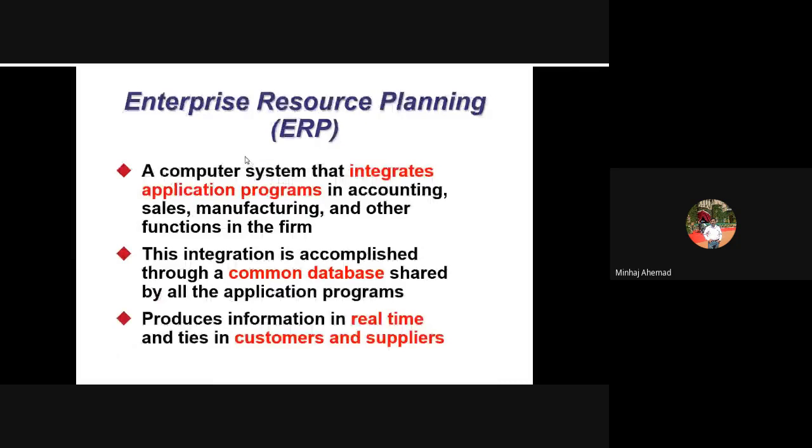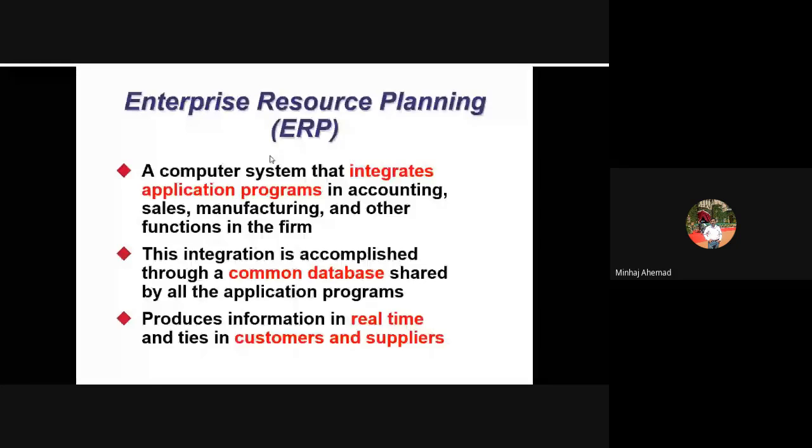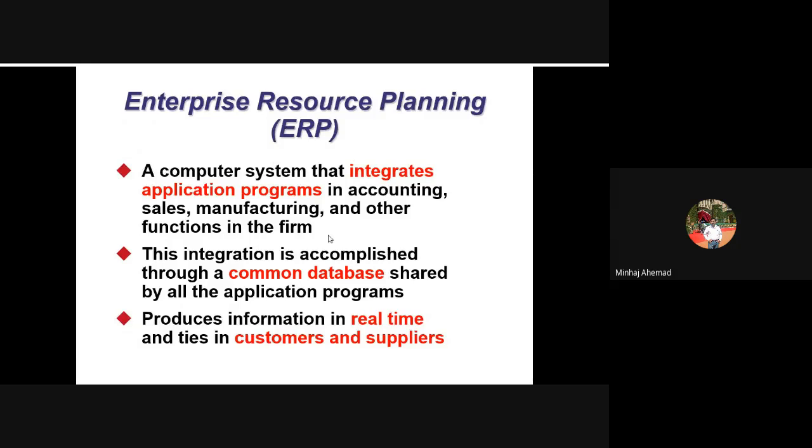Let us see what exactly enterprise resource planning is. Enterprise resource planning is a computer system that integrates application programs in accounting, sales, manufacturing, and other functions in the firm. This integration is accomplished through a common database shared by all the application programs. It produces information in real time and ties in customers and suppliers.